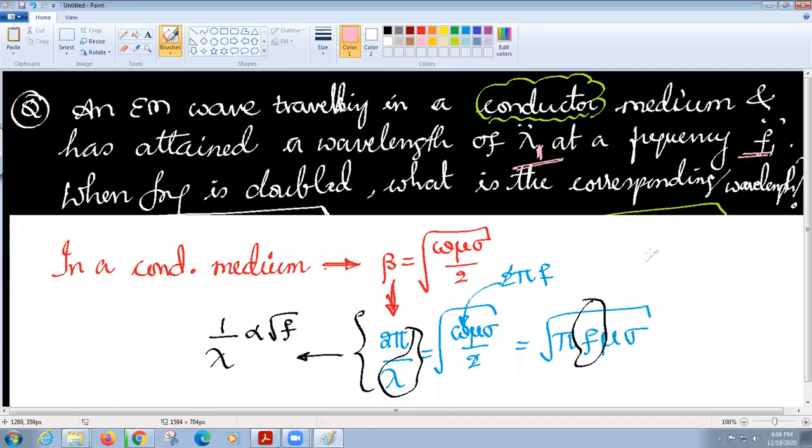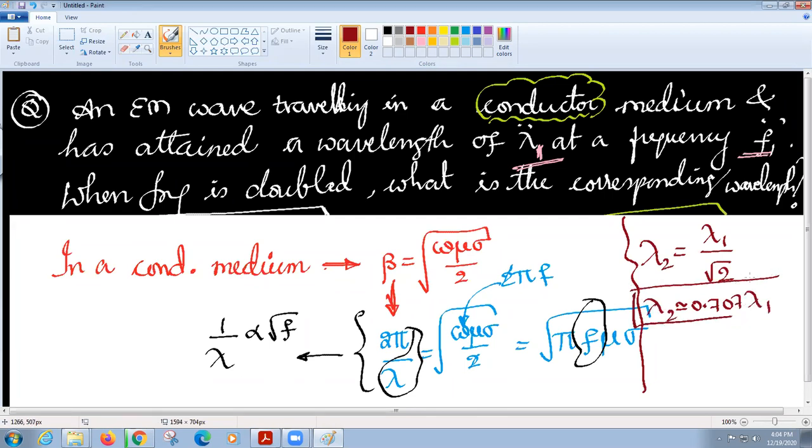Can I say like this, lambda 2 equal to lambda 1 over square root of 2? Can I say this? Yes, sir. Obviously 0.707 lambda 1. So lambda 2 is less now, so obviously wavelength is decreasing.